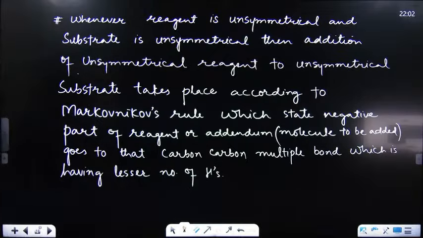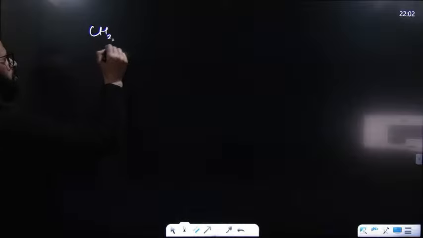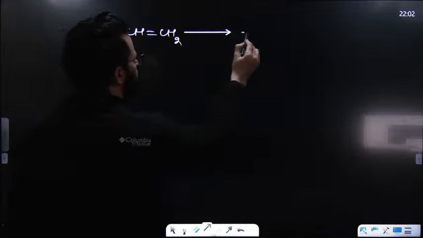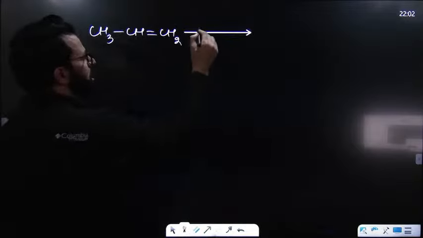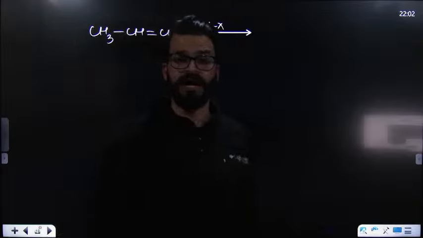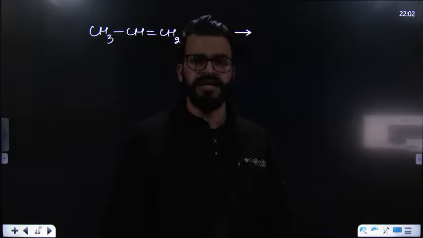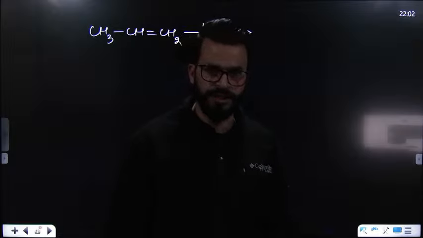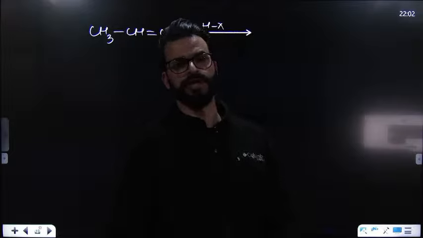I mean to say, if we are having a reaction like this, CH3, CH, double bond CH2, then we will add either HX. HX can be HF, HCl, HBr, HI, but remember, among HX, HI is more reactive than HBr, HBr is more reactive than HCl, HCl is more reactive than HF.